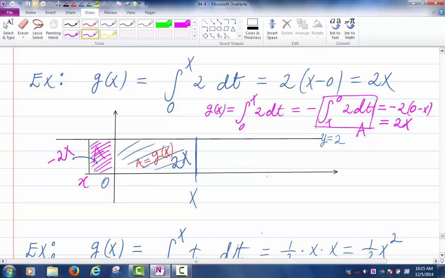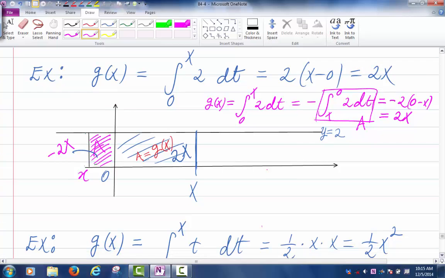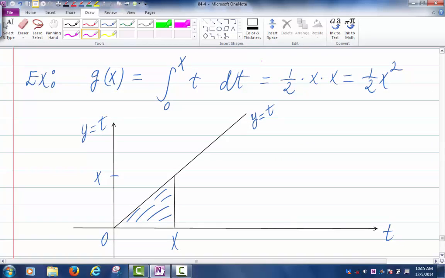When you take the negative of that, you get positive. Maybe I'm saying a little too much, but my point is, g of x is the function 2x in disguise. Am I making sense? So the integral from 0 to x of 2 dt, that function is in fact the same function as 2x, which is a familiar function. Let's look at another example.